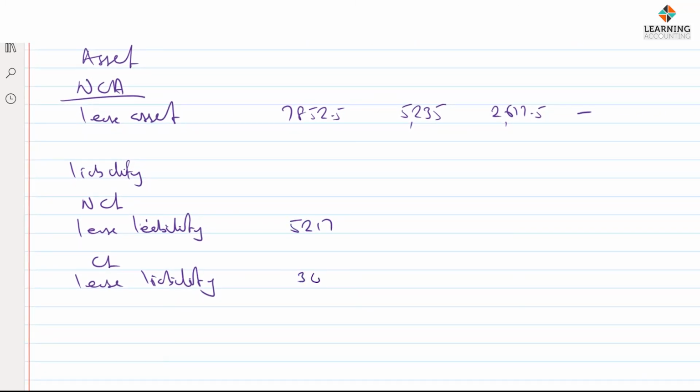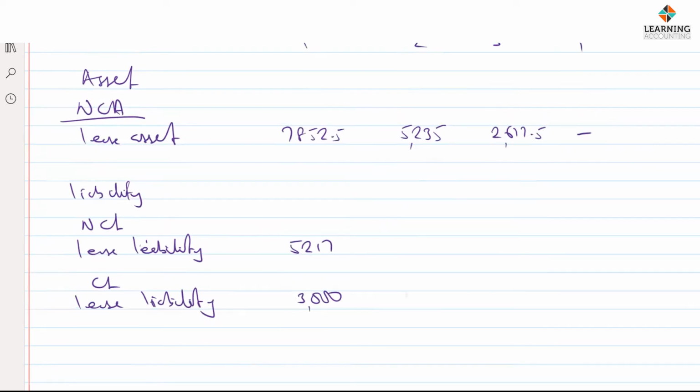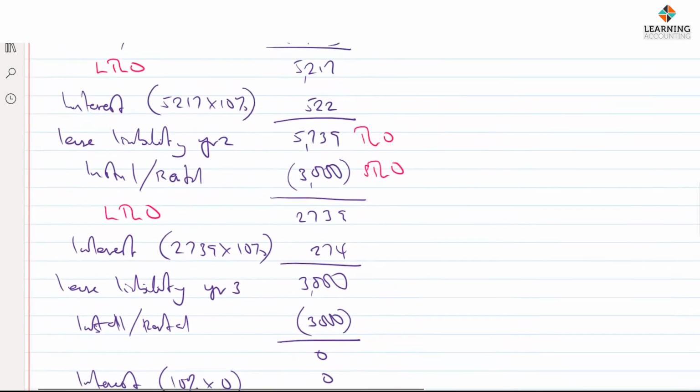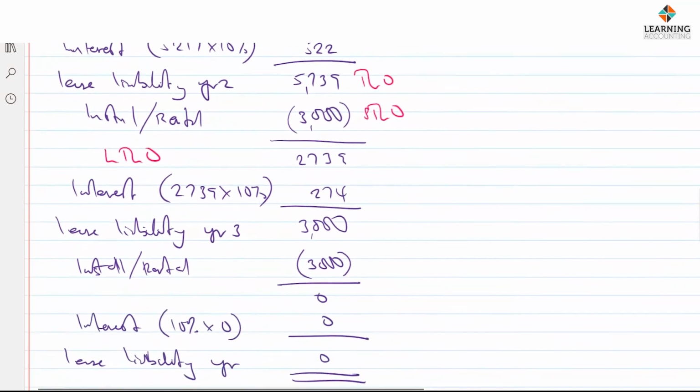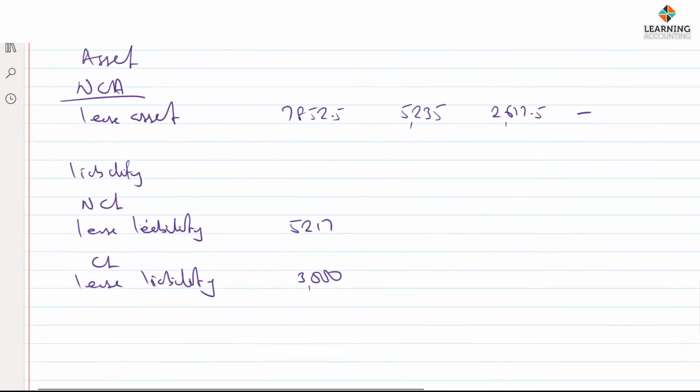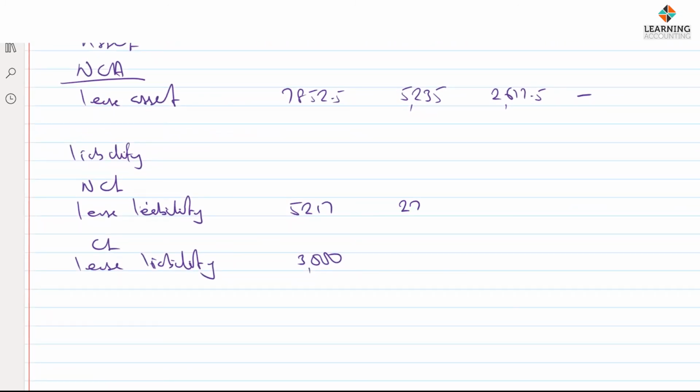For the second year, we have 2739 and 3000. Of course, in this period we have nil and 3000, and the lease assets is to exist in our books at year 4.